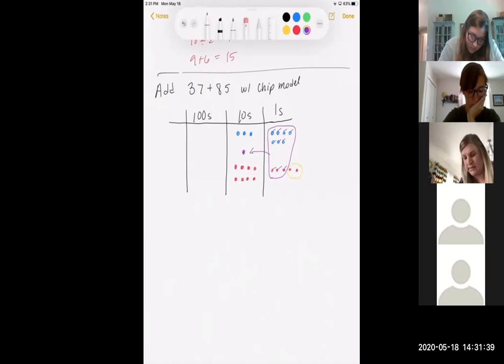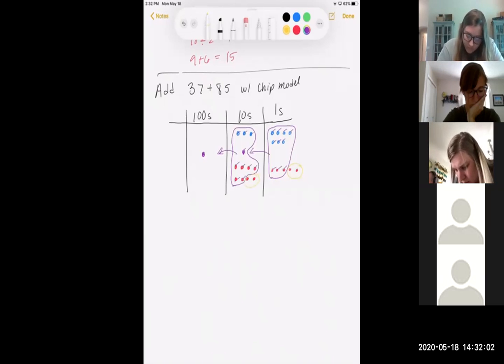The next place over, in the tens place, I also need to do the same thing because that's the structure of the base 10 system. Okay, 1, 2, 3, 4, 5, 6, 7, 8, 9, 10. So here are 10 of these from the tens place. 10 tens together make 100. I don't have any more groups of 10 tens to make another 100.